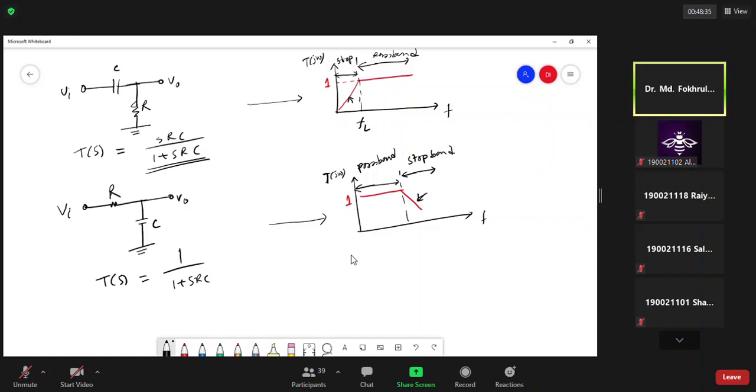Since we didn't use any op amp here or here, it is a simple passive filter. But if we add the operational amplifier, then it will convert it into an active filter. We can see how we can make it active.